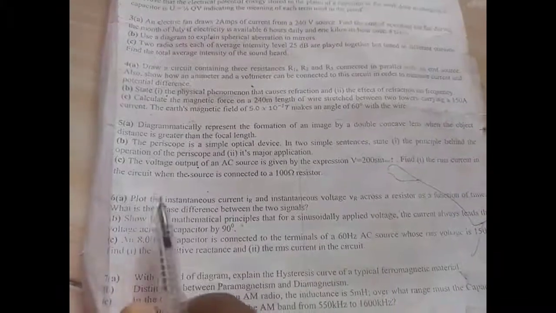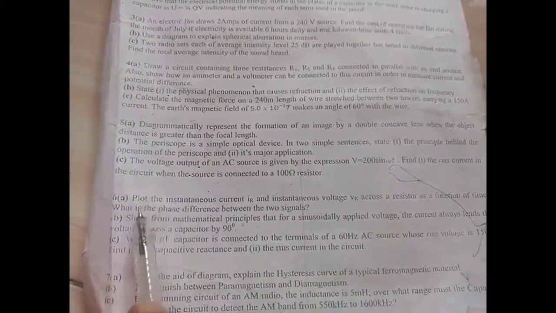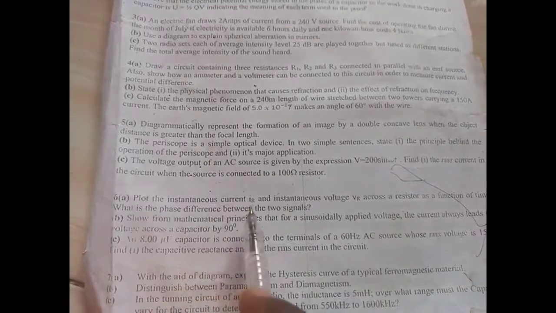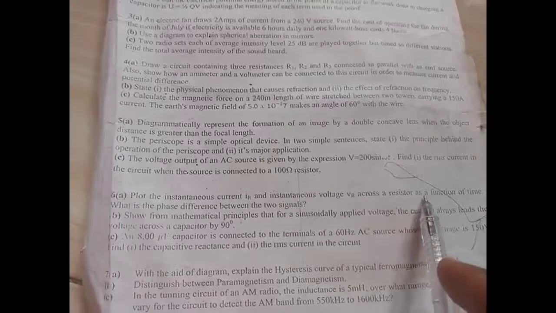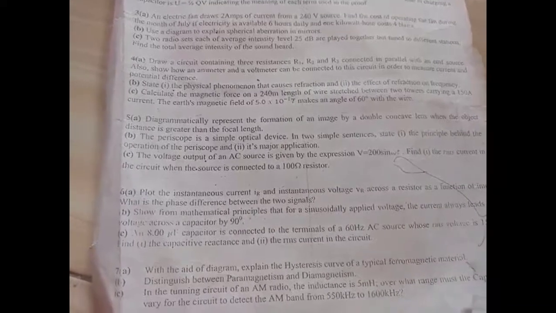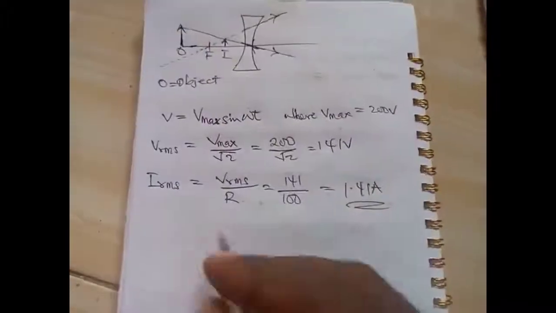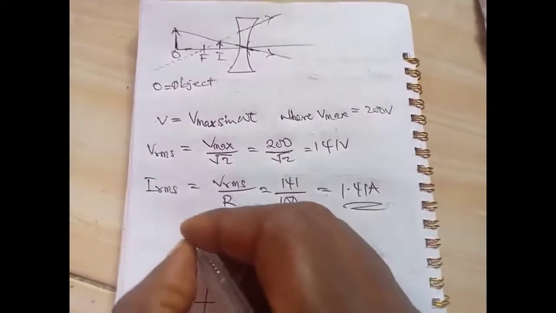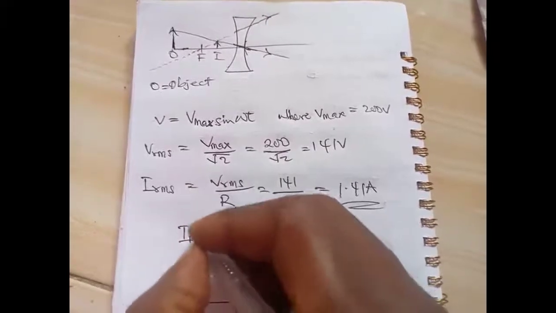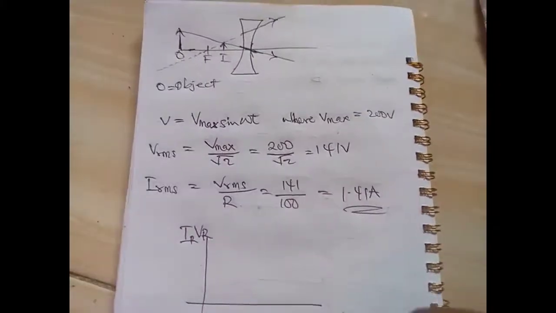This question says number 6a, plot the instantaneous current IR and instantaneous voltage VR across a resistor as a function of time. What is the phase difference between the two signals? Now, if we plot both of them as a function of time, here we'll plot IR and VR. Here is time.